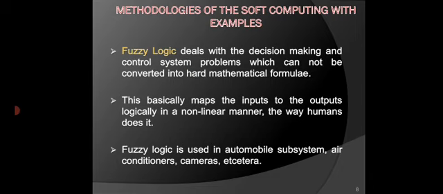It is the first step forward after hard computing, the first method used in soft computing where mathematical formulas are not able to solve the problem. This basically maps the input to the outputs logically in a non-linear manner, the way humans do it. Fuzzy logic is used in automobile subsystems, air conditioners, cameras, etc.